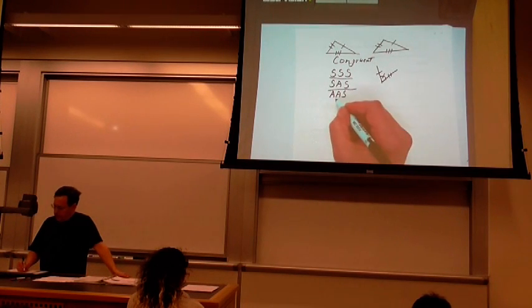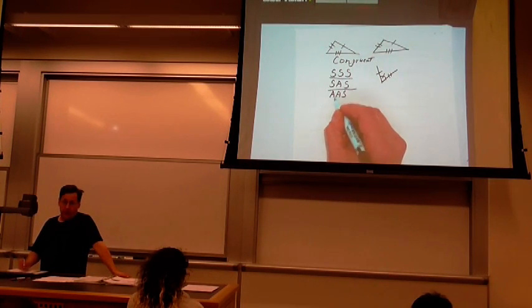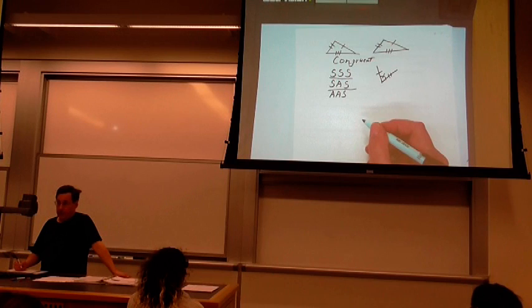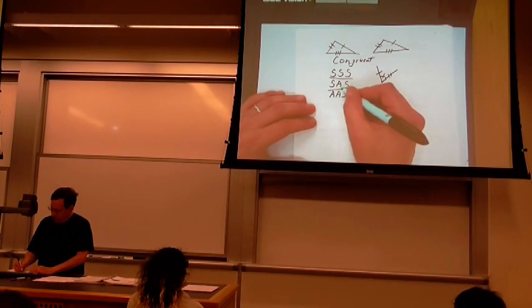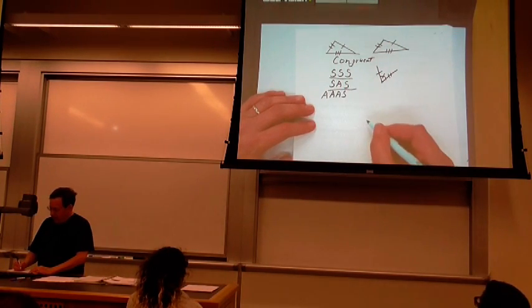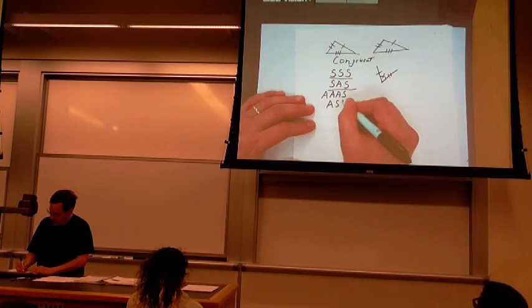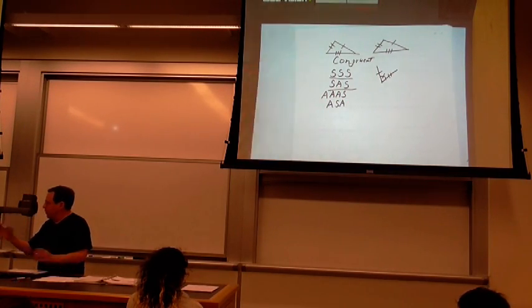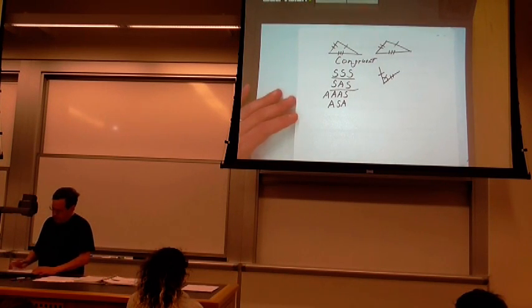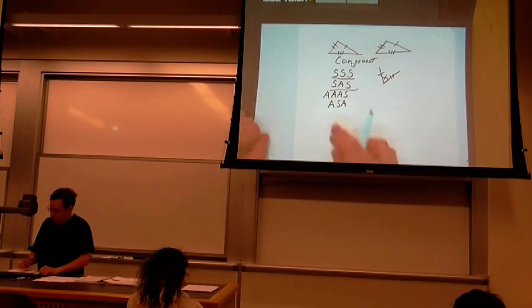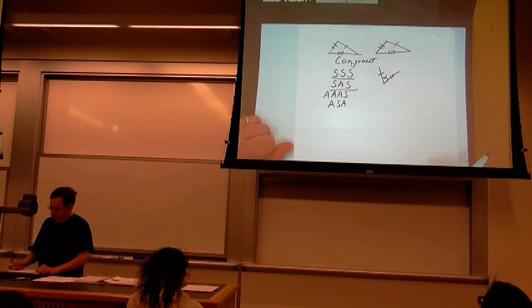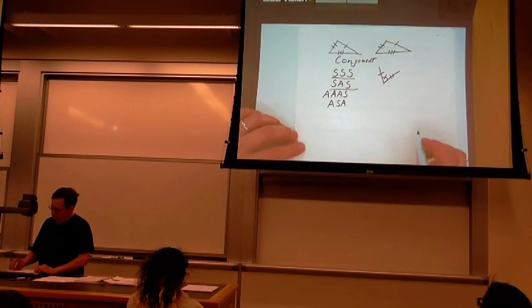To begin with, if we have two angles, as the video just explained, we have the third angle. So this is more like AAAS, or as we usually write it, ASA. Nothing wrong with what you were getting at, but they're the same thing, right? As soon as we have two angles, we have the third, so we can arrange them however we want.